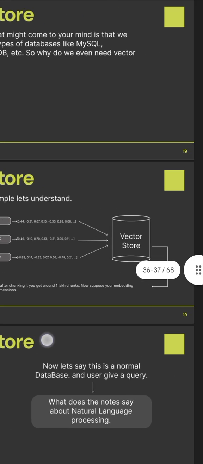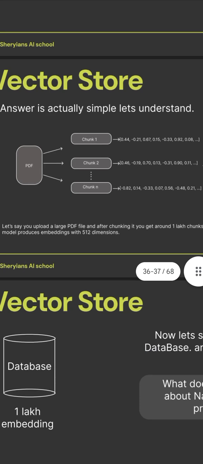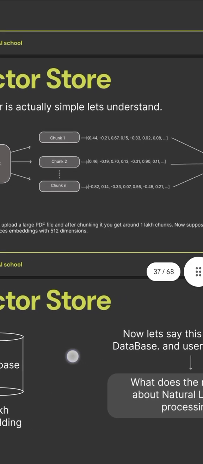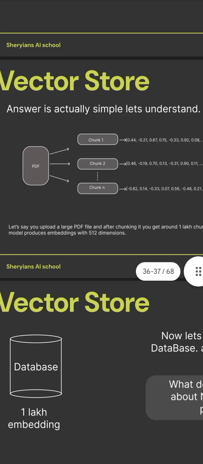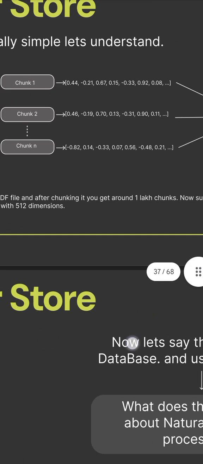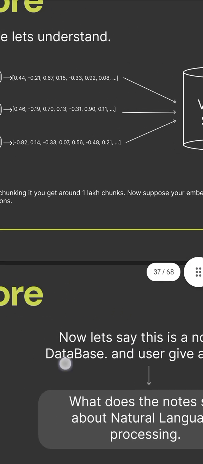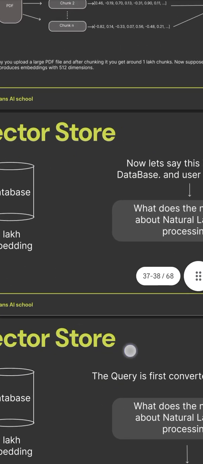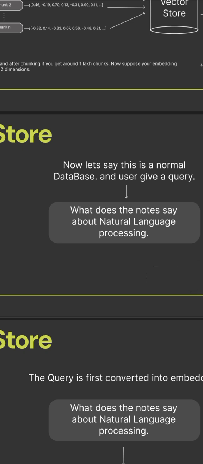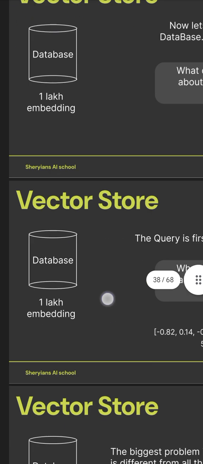Let's understand. Let's say you upload a PDF file, and after splitting it you get around 1 lakh chunks. Now suppose your embedding model produces embeddings with 512 dimensions, so 1 lakh embeddings. Then let's say this is a normal database and the user gives a query: what does the note say about natural language processing?